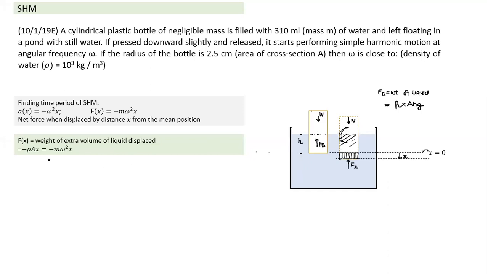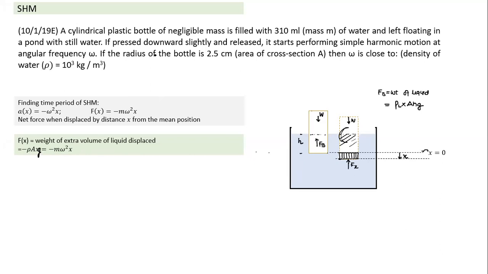Sorry, I missed one term g here, make sure that g is added. Weight is density into volume into g. The volume is A into x, area of cross-section into x, into g, and that has to be equal to minus m omega square x. Once we have this, we can find omega.